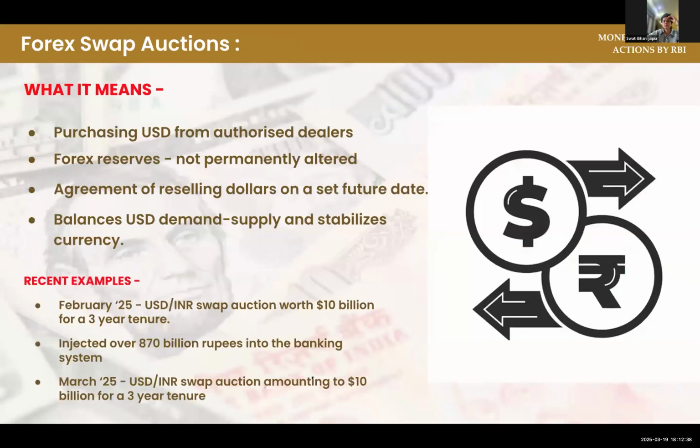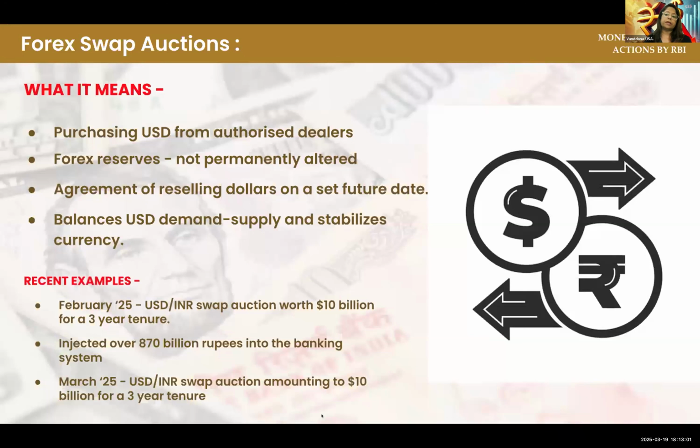A USD INR buy-sell currency swap auction is also used to manage liquidity in the banking system, ensuring cash flow. Here, the RBI purchases US dollars from authorized dealers, typically banks, in exchange for rupee, with an agreement to sell the same amount of USD back to these banks at a predetermined future date.